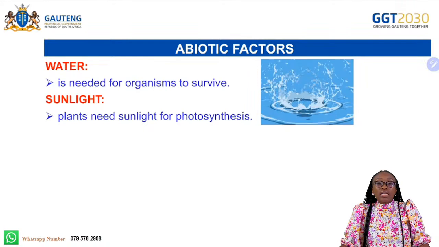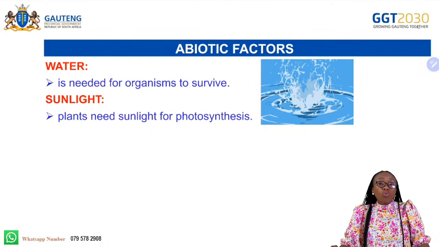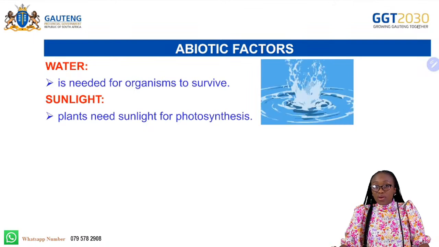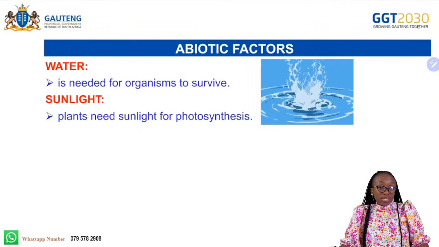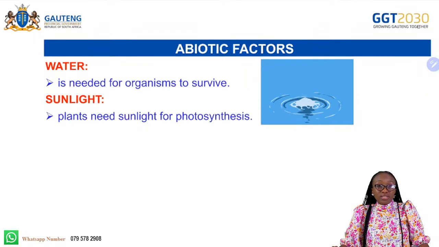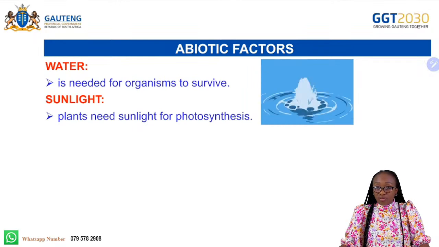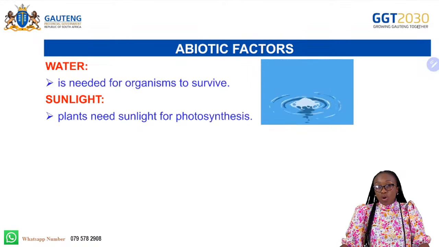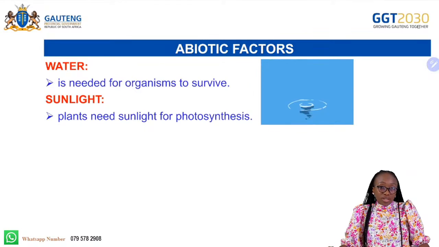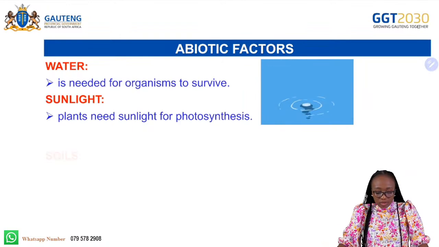How much plants grow in a certain area, or which plants grow in a certain area, depends on how much sunlight that place receives. Naturally, places that don't receive a lot of sunlight will probably have very few plants, and so will those that receive too much sunlight, along with the other factors. So all the factors combined determine which organisms live there.